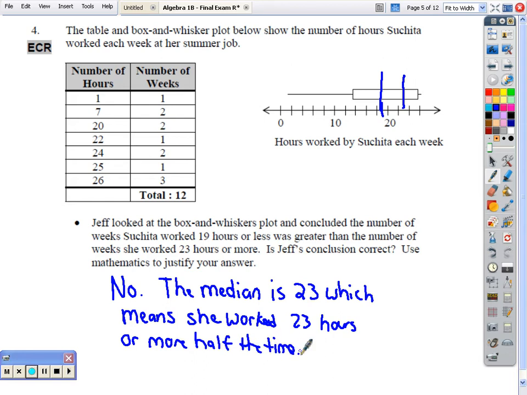It also means that she worked 23 hours or less half the time, but looking at the chart, there were times when she worked 20 or 22 hours, so we know that she worked 19 hours or less less often than she worked 23 hours or more.